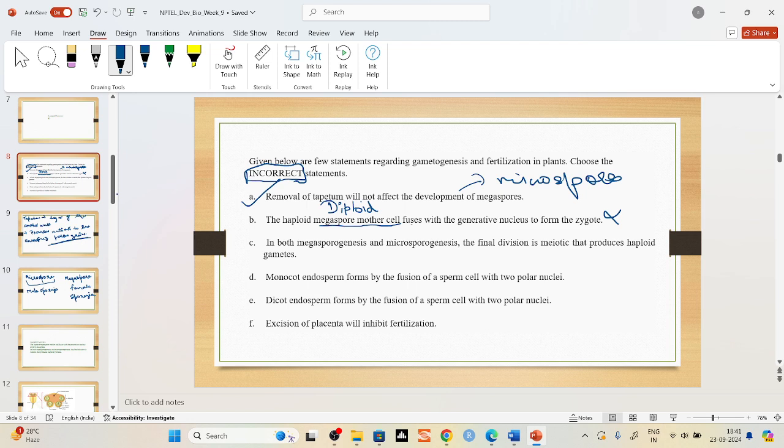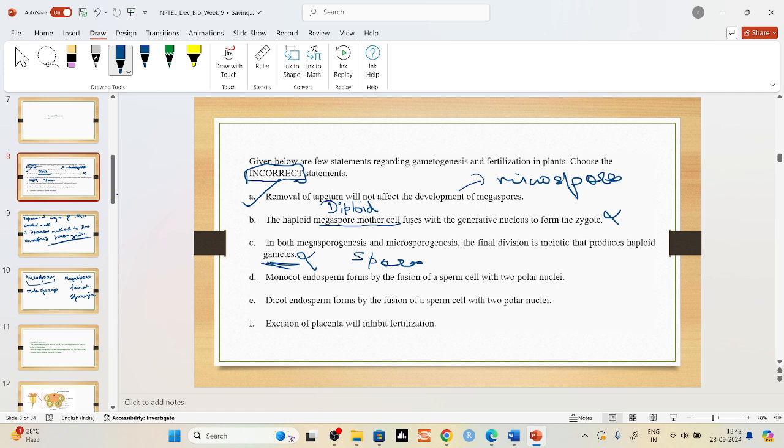Your next statement is in both megasporogenesis and microsporogenesis, the final division is meiotic that produces haploid gametes. Now, this is again an incorrect statement. Why? Because the final products of megasporogenesis and microsporogenesis are not gametes, these are spores.